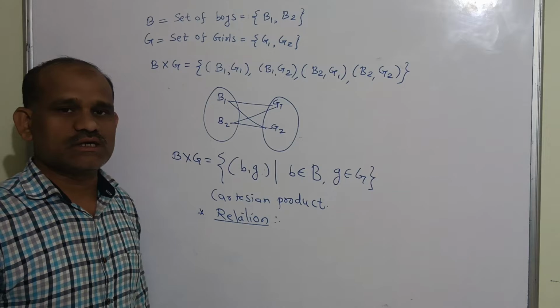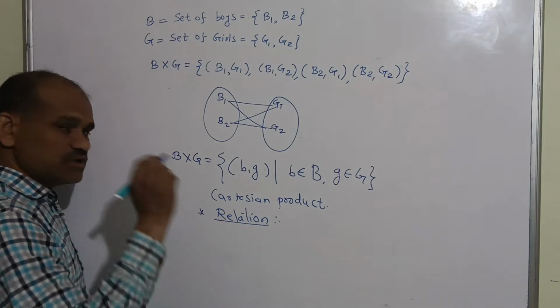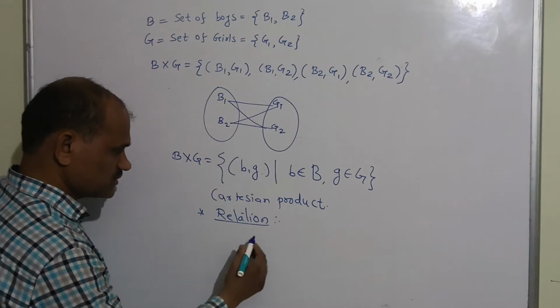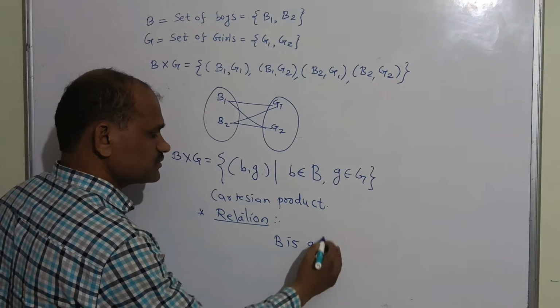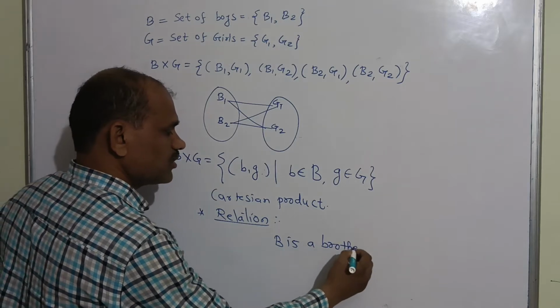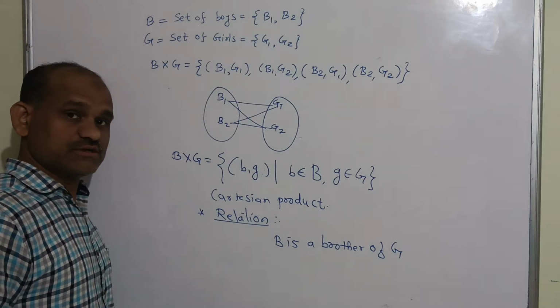Next is relation. So in relation we describe, for example, B is a brother of G. What is a relation?